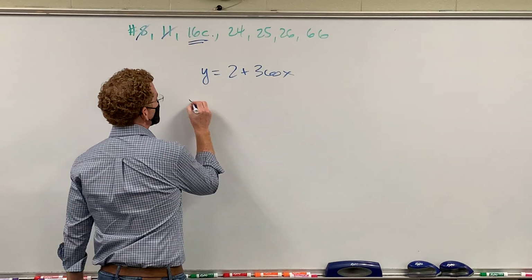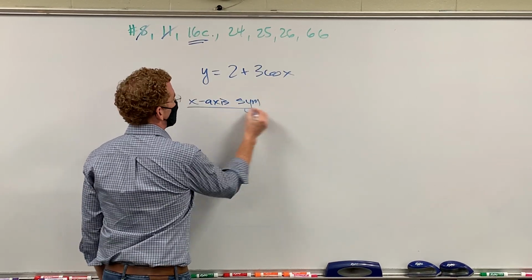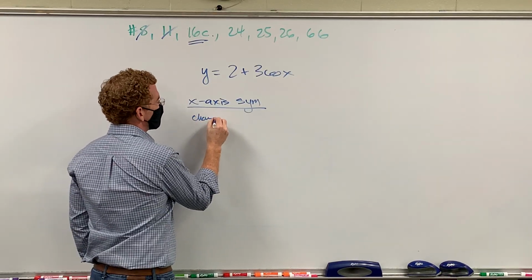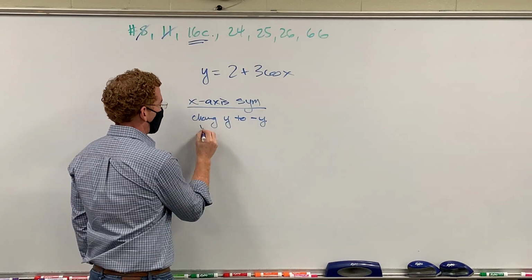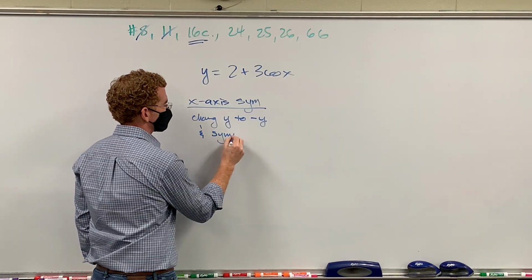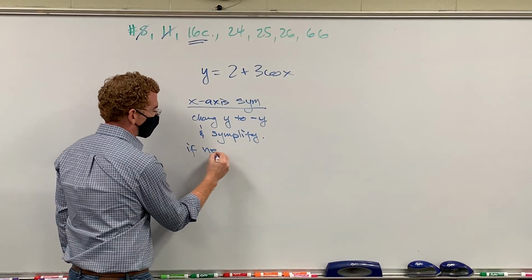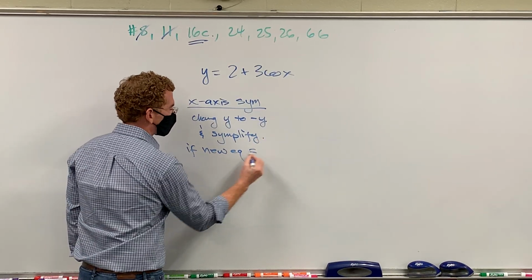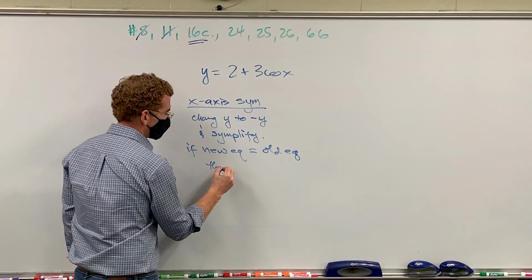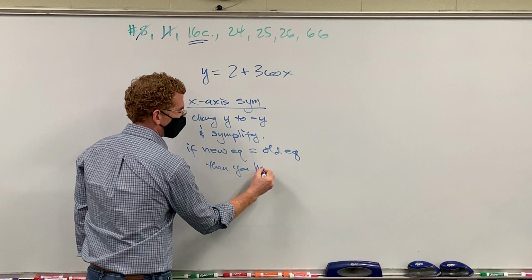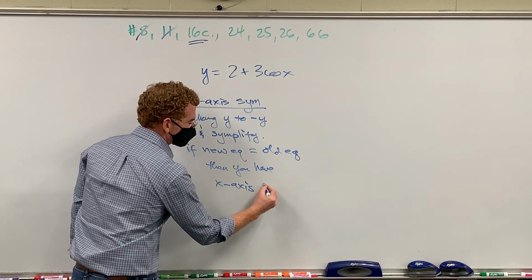But here's the check. The check for x-axis symmetry is change y to -y and simplify. If the new equation equals the old equation, then you have x-axis symmetry.